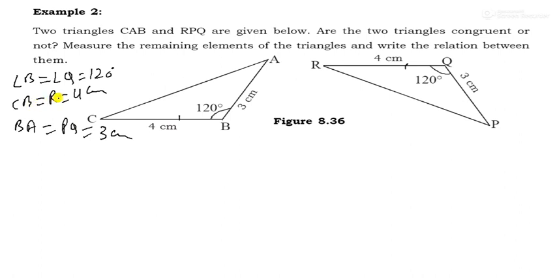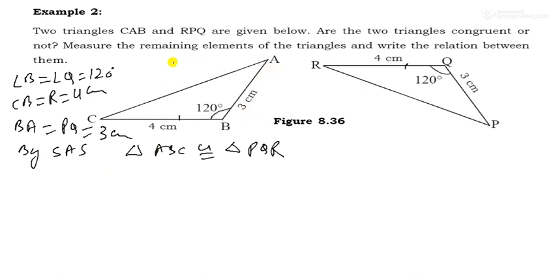Which relationship? Two sides and the included angle are equal, by SAS. Triangle ABC is congruent to triangle PQR. So you can write.